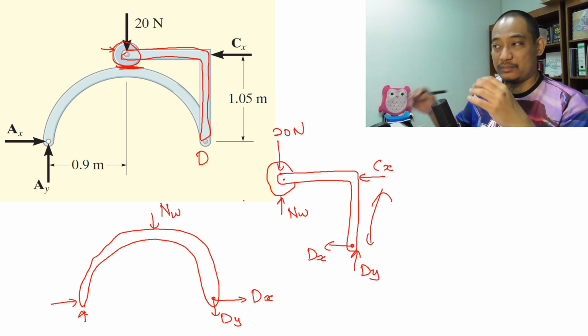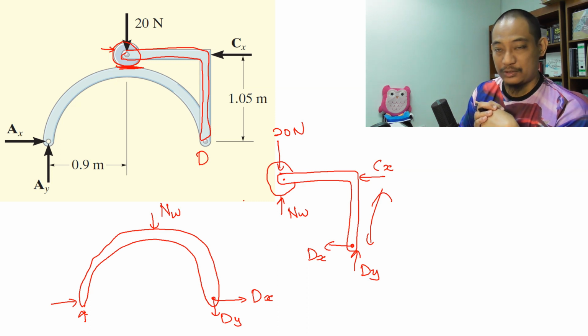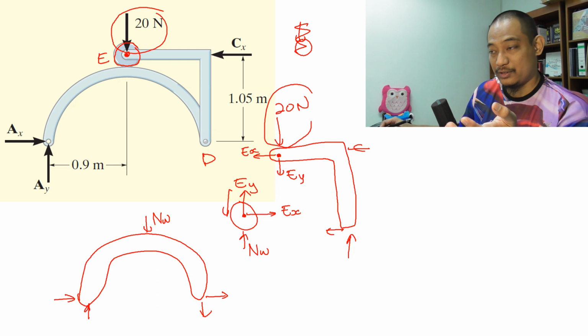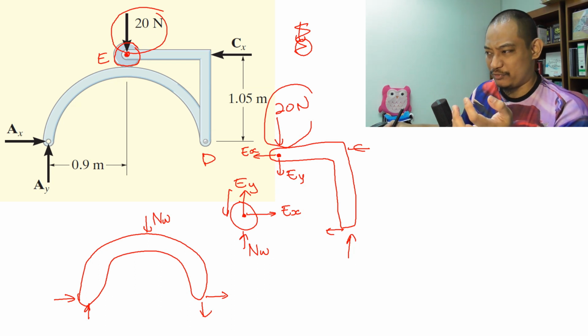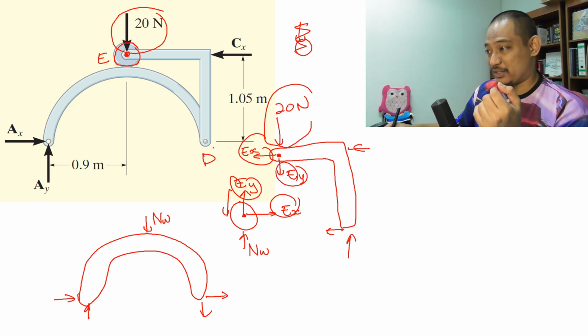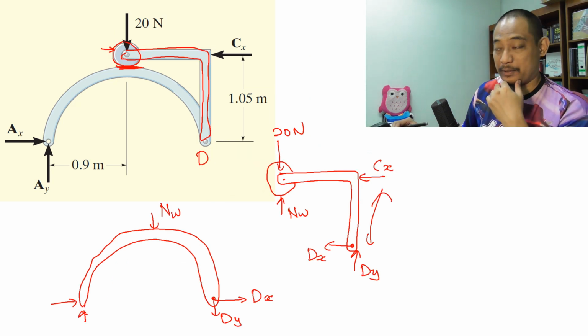I rarely disconnect the pulley or the wheel, because there's no need for disconnecting it, and it creates more unknowns, unless you actually have to solve for it. If you have to solve this, then you have to disconnect. But if you just have to solve here or here, for example, then this is sufficient. So make sure you understand that.